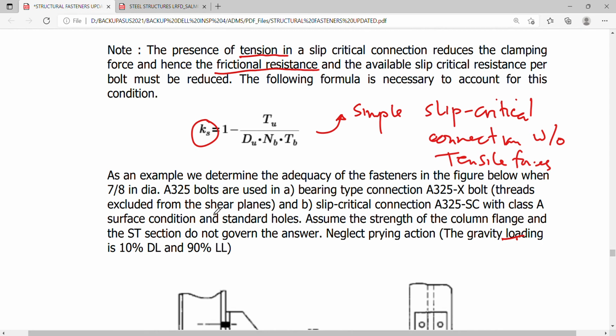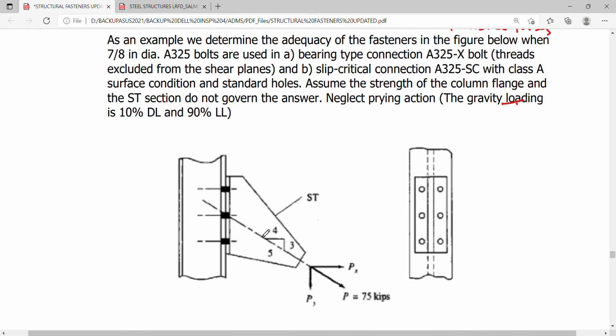As an example again, we now have this bearing type connection involving a P, which is concentric to the connection, so as not to further complicate matters.